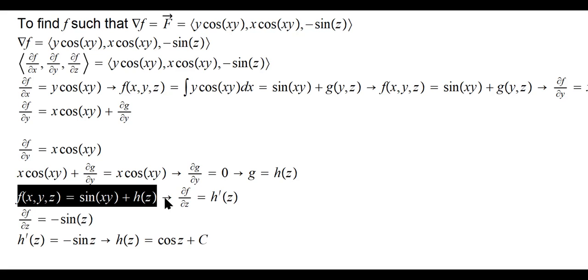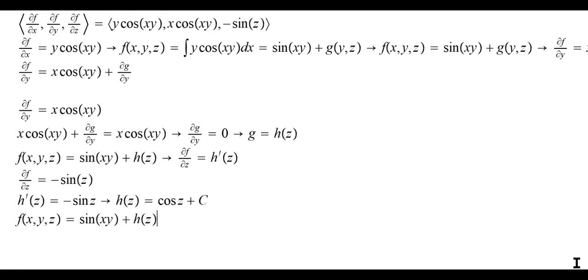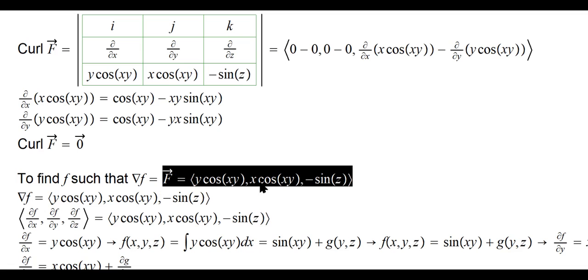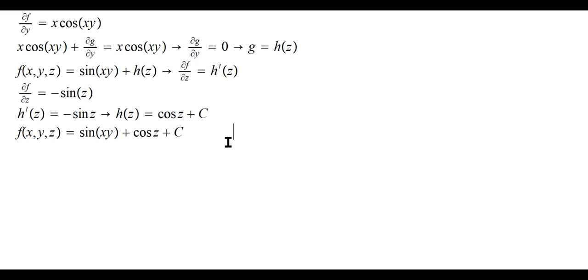So our potential function would be what in here? So if we want, then we can see that this is our potential function for our f equal to this vector, okay?